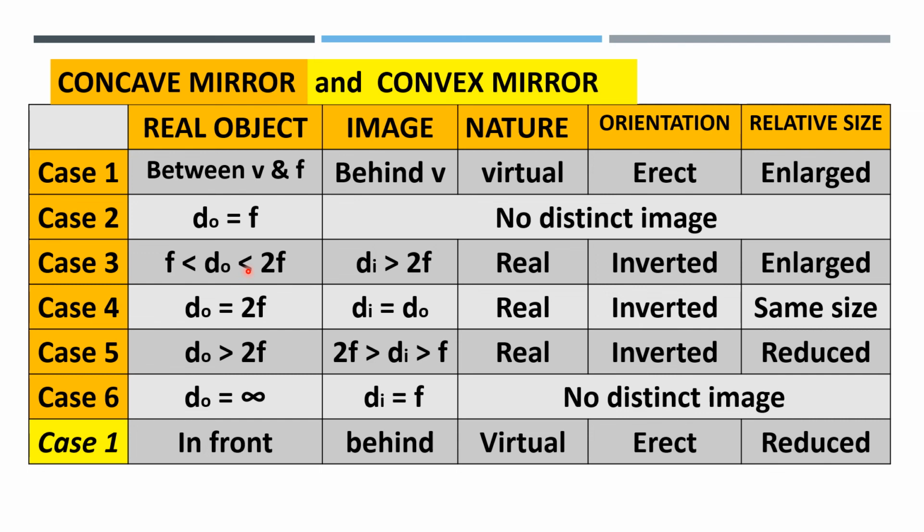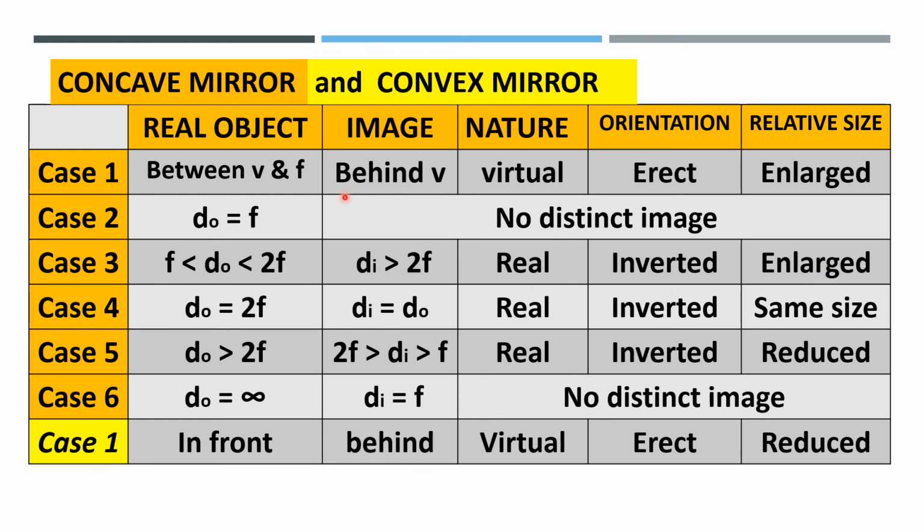So when we did the ray tracing together with the computational method, we found out that the image was located at a point twice the focal length. And what we got was a real image, inverted, and an enlarged image. That was illustrated in example number 1.